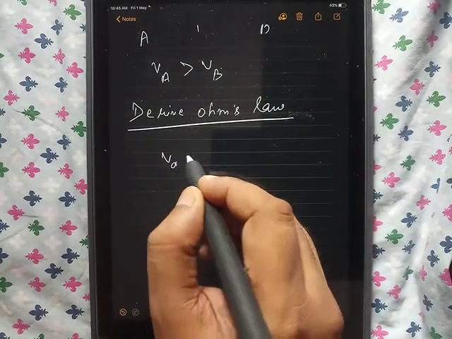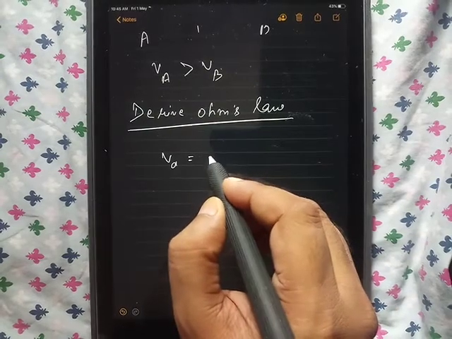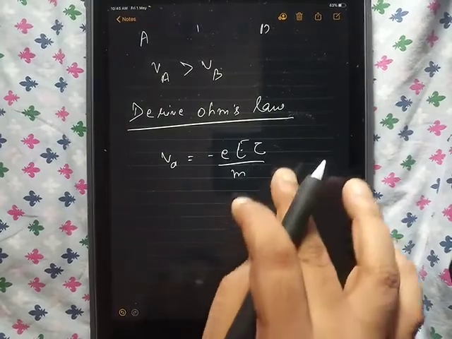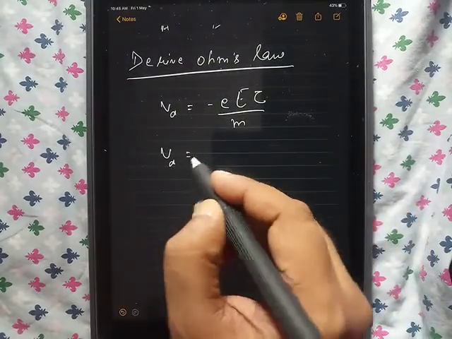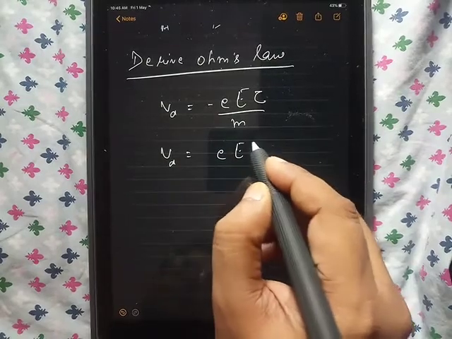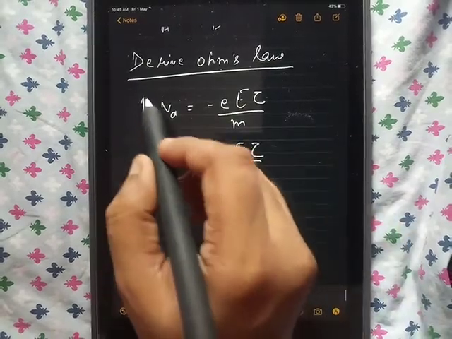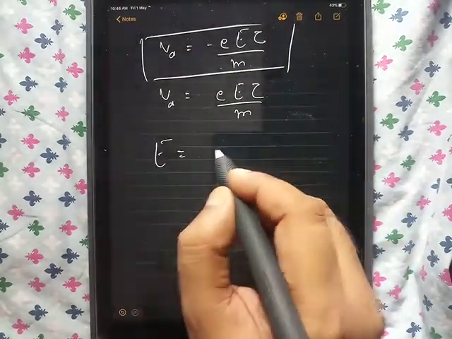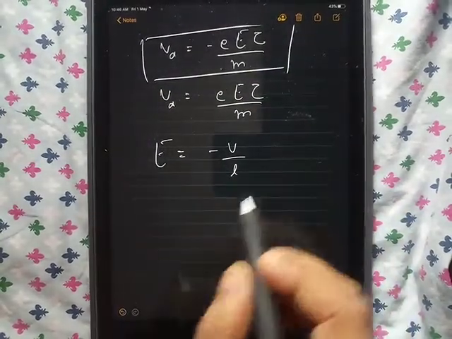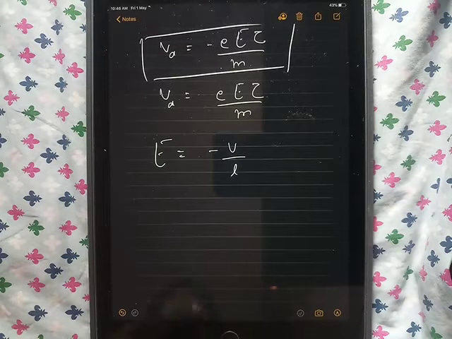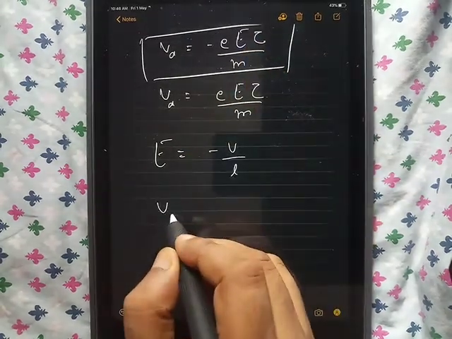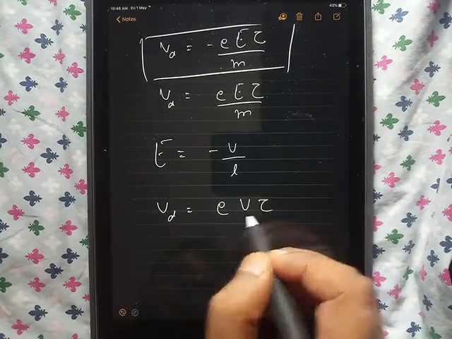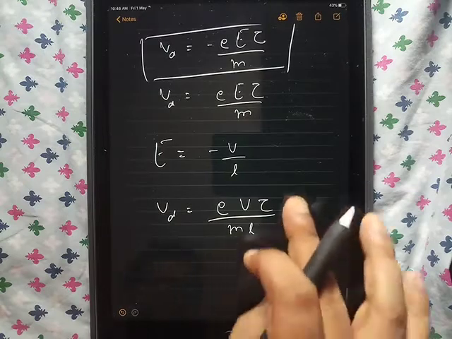Since Vd equals minus E tau by m in vector form, and in magnitude Vd equals E tau by m. Further, E equals minus dV/dL, negative of the potential gradient. If we put this formula, Vd equals E V tau by mL.